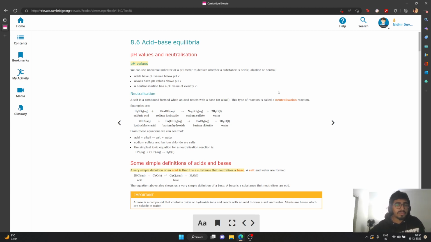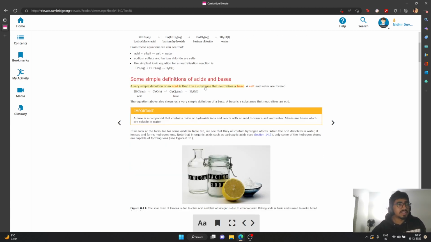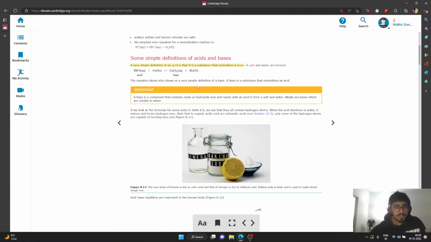So when people were thinking about acids, the first time that they tried to define an acid, they said whatever can neutralize a base to form salt and water is an acid. So if you have a base already, you just try to put different substances in it. One of them neutralizes it. Whatever neutralizes it, you call an acid, right?